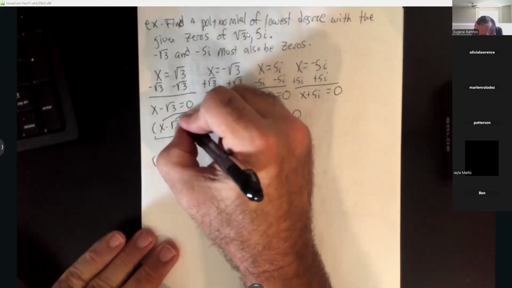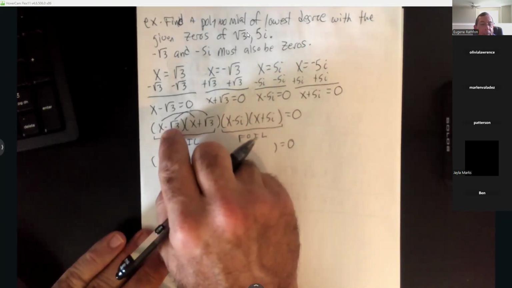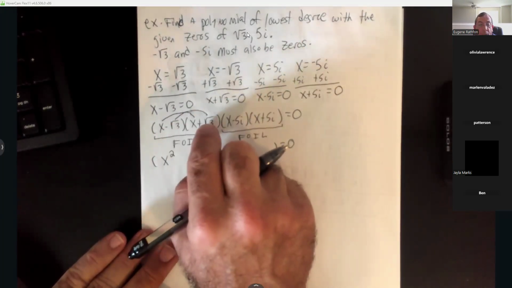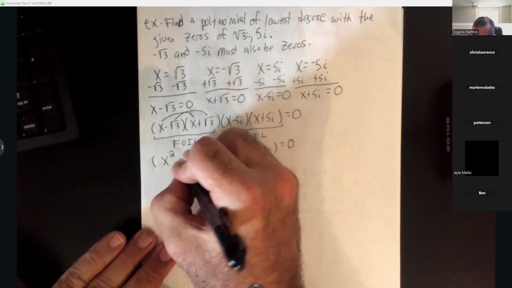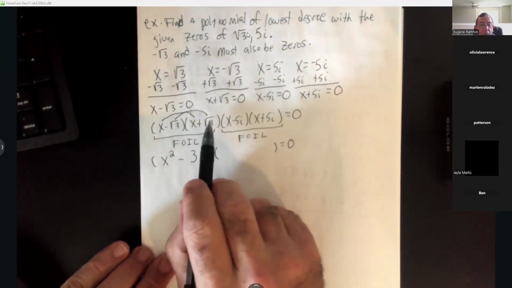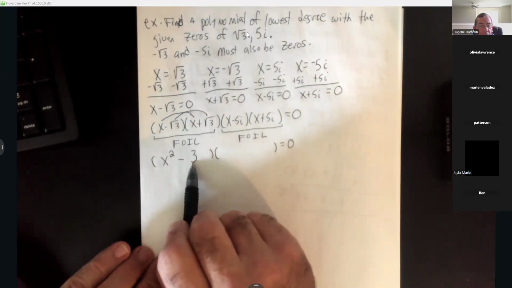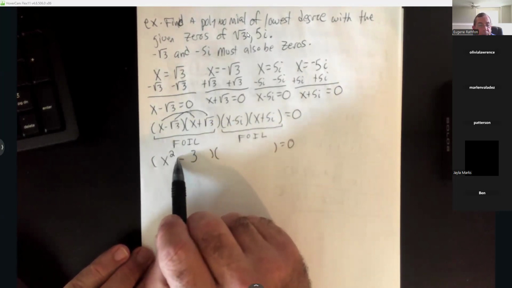And then we can do the square root of 3 times the square root of 3. So that's a negative square root of 3 times a positive square root of 3. That's going to equal a negative 3. Remember, square root of 3 times square root of 3 equals 3. And the radicals always end up being subtracted.